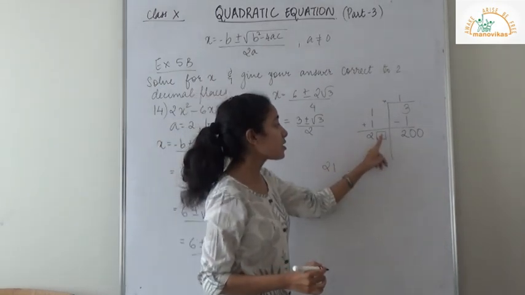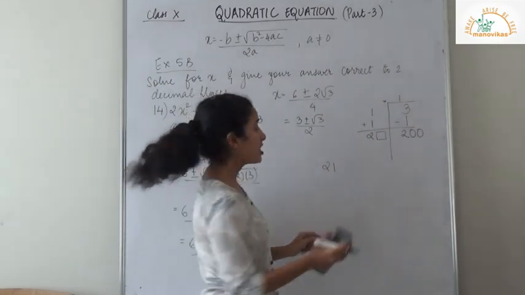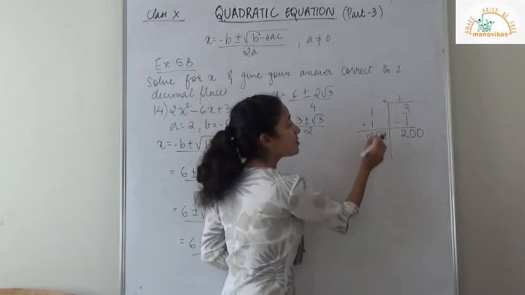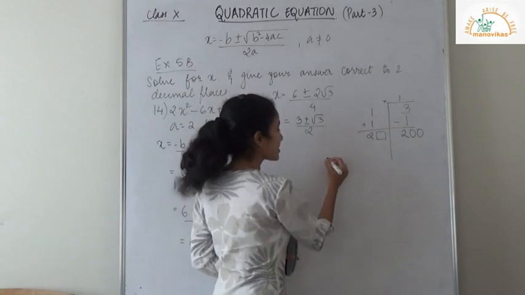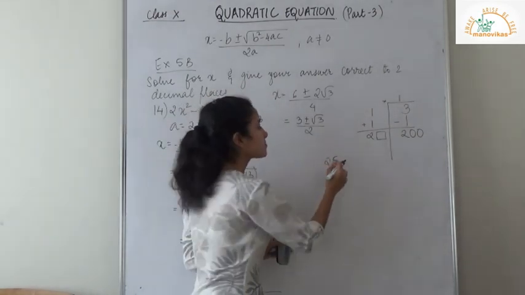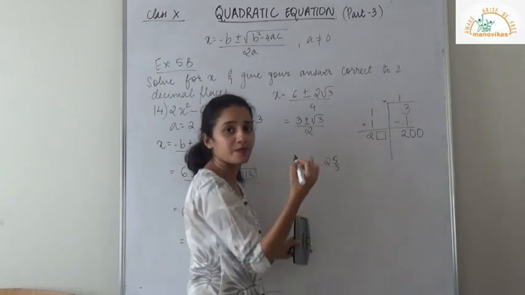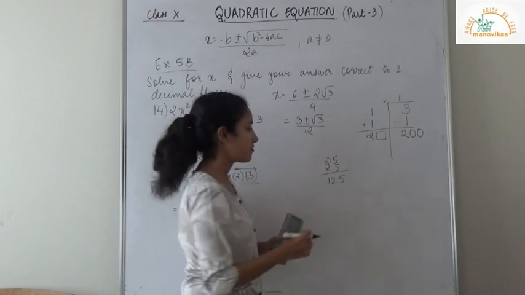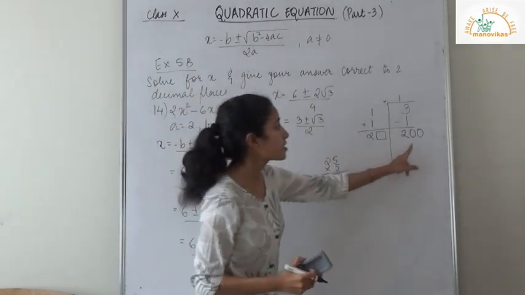To check which number comes here, we use the trial and error method. So 21 into 1 will be 21. You usually start with 5 to check where the product will fall. With this one we get 125, which is close but not quite.